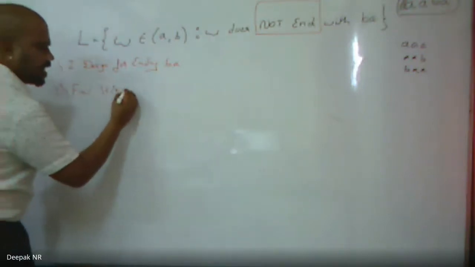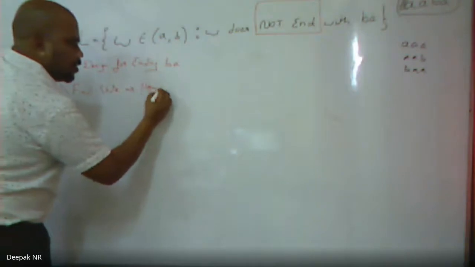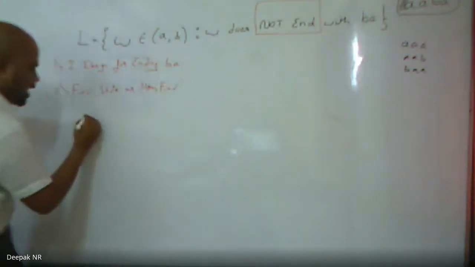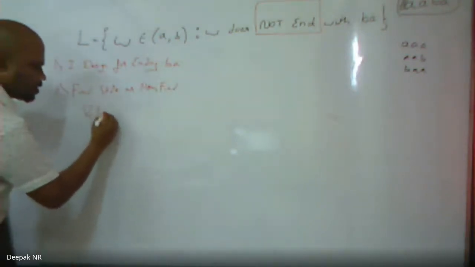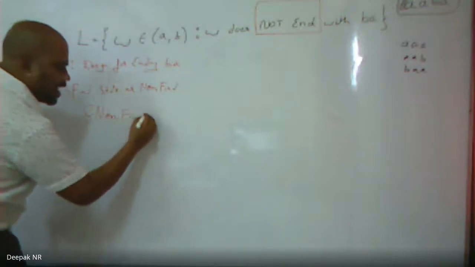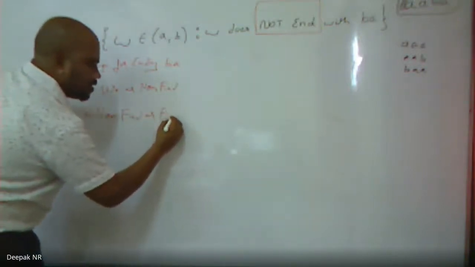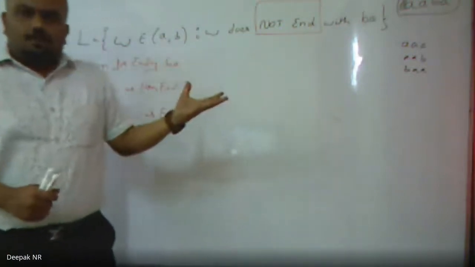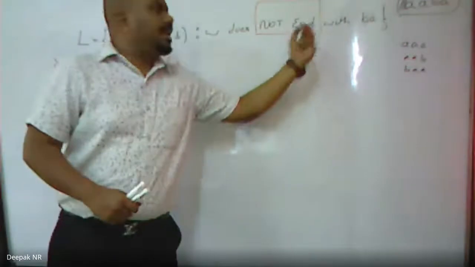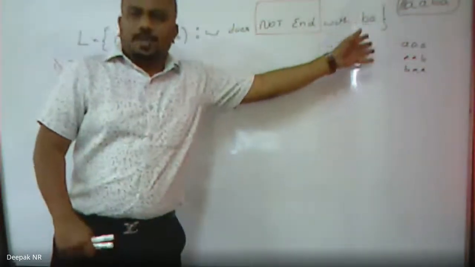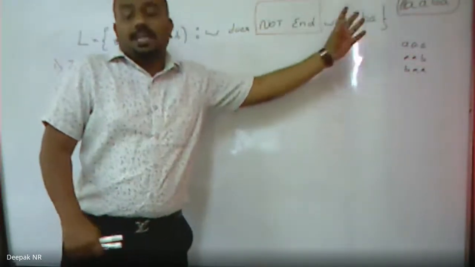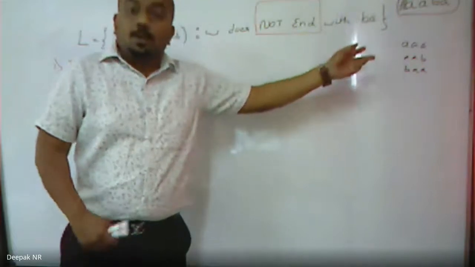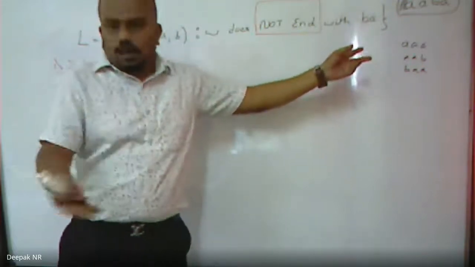In my next step, I make the final states non-final and the non-final states final. Is that clear? Whenever a question is given which says not ending with anything, this is an example only for BA. It can be AB, AA, BB, or 0 1, 1 0, anything.